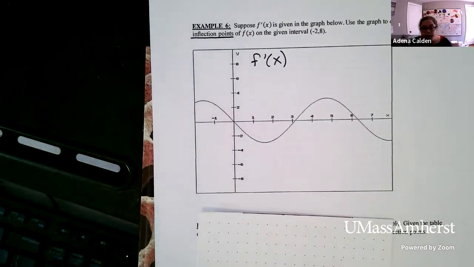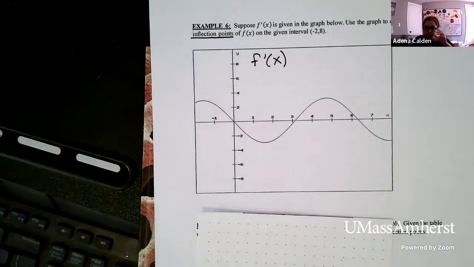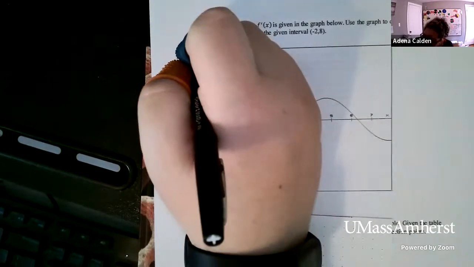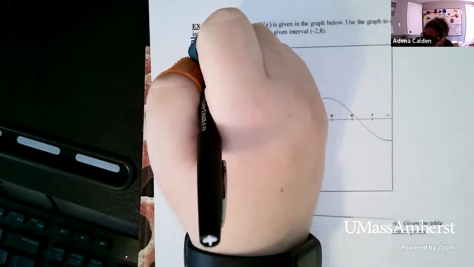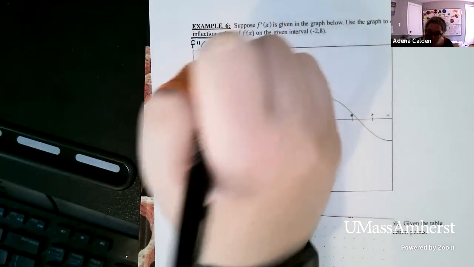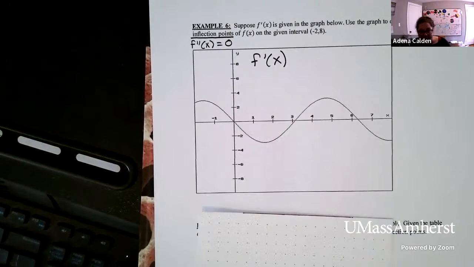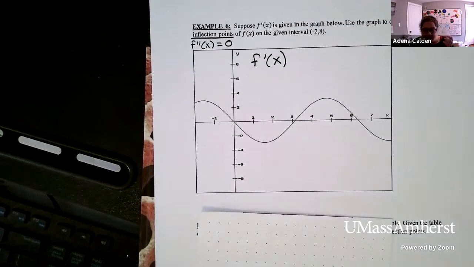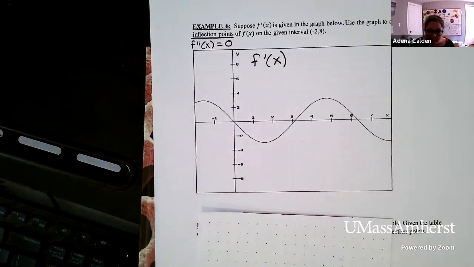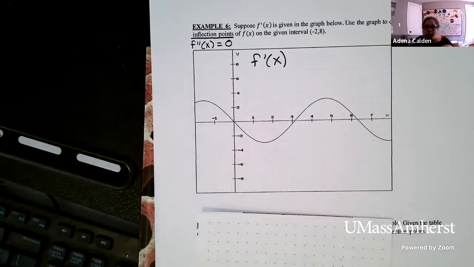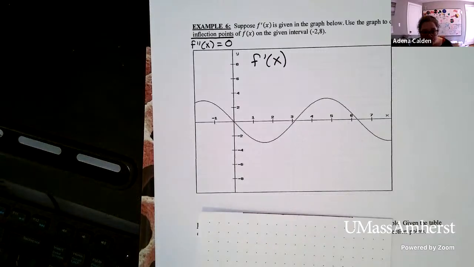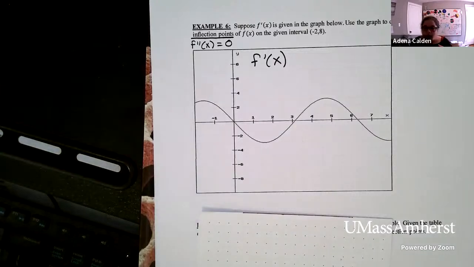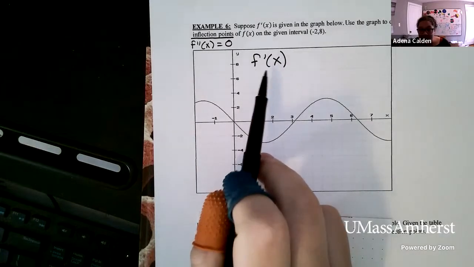All right. If we're looking for inflection points of f of x, one of the ways we start is by figuring out where the second derivative equals 0. That's the key connection here. We have a graph of the first derivative, so how do we figure out where the second derivative equals 0 from it?